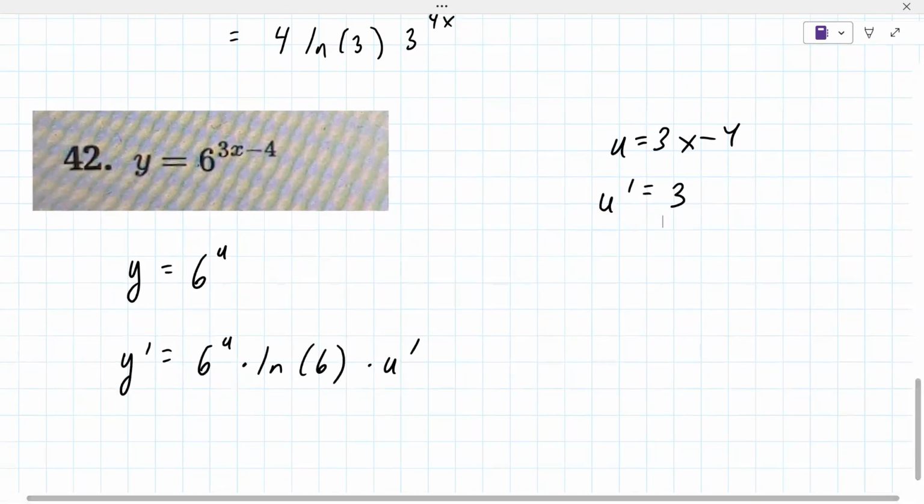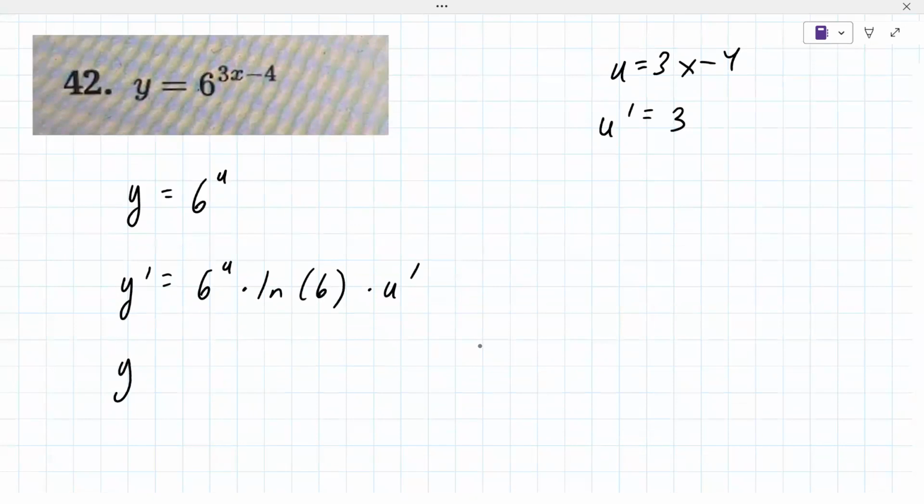So you can choose if you want to do it all at once or just put those back in when you're done. So it's 6 to the 3x minus 4, natural log of 6 times 3, like that. Okay. Any questions on that? No.